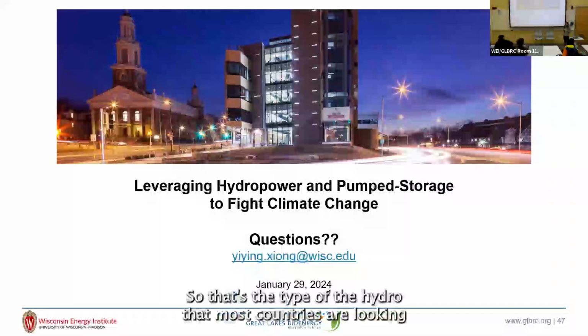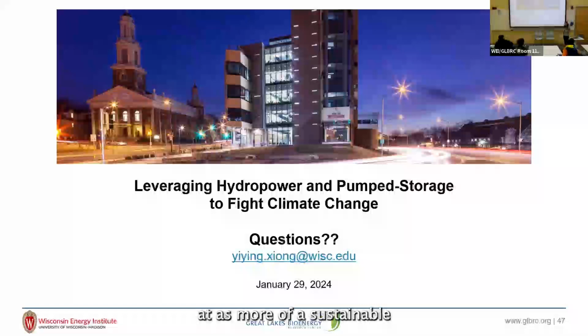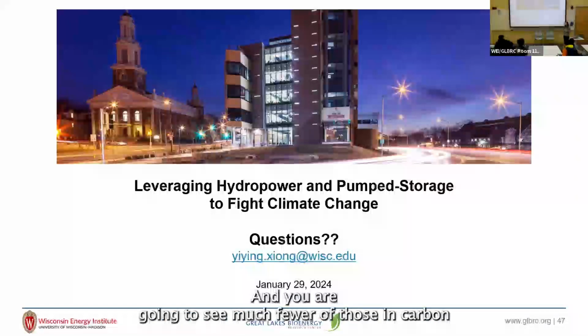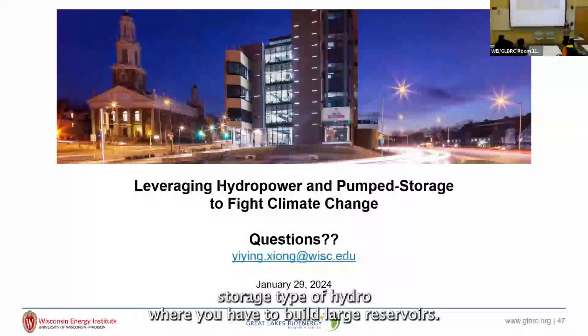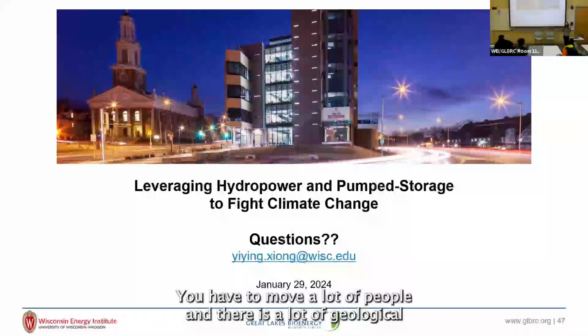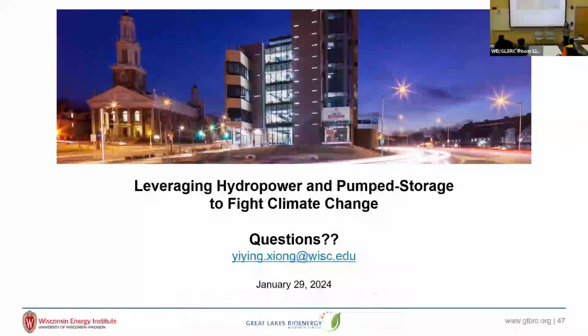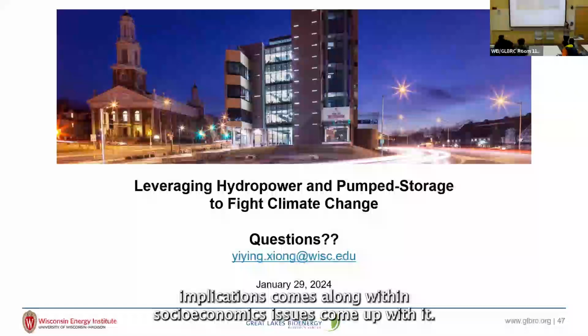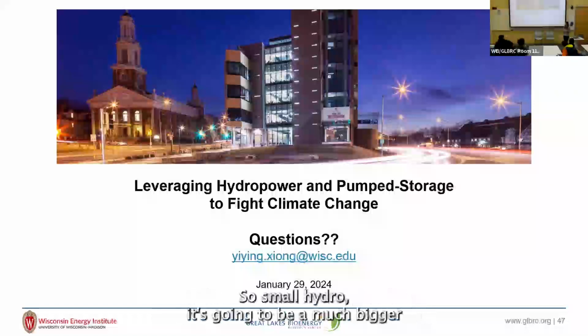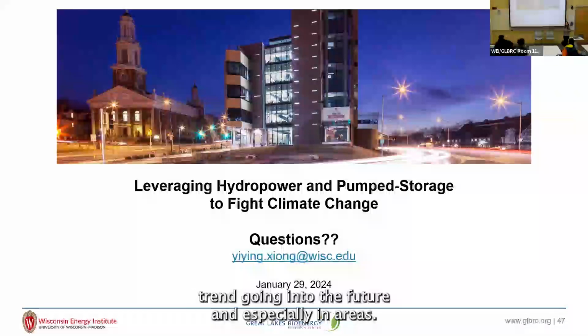So that's the type of hydro that most countries are looking at as more of a sustainable solution. And you're going to see much fewer of those impoundment storage type of hydro where you have to build large reservoirs, you have to move a lot of people, and there's a lot of geological implications that come along with it, and socioeconomic issues come with it. So small hydro is going to be a much bigger trend going into the future.